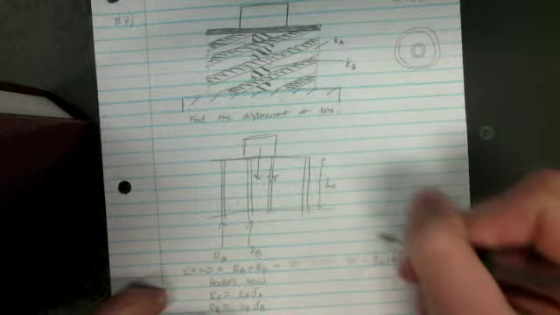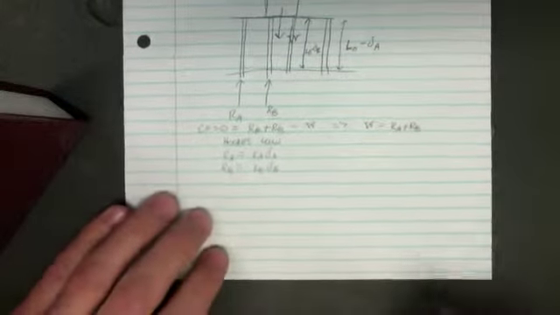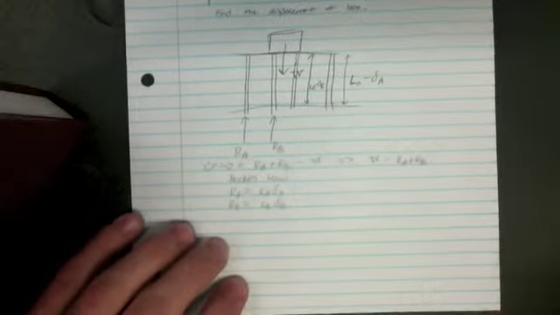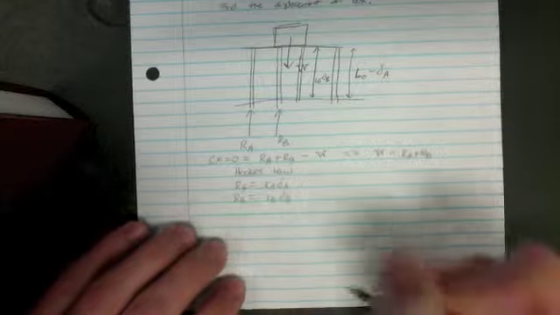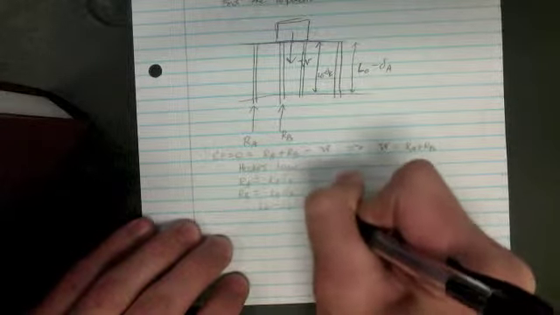Spring A would be at some original length, and it was compressed, so minus some delta A. The same goes for spring B. It was at some original length, the same as the original length of spring A, minus some delta B. It's pretty evident from this diagram that the change in length of the springs have to be equal. You can show that pretty simply algebraically.